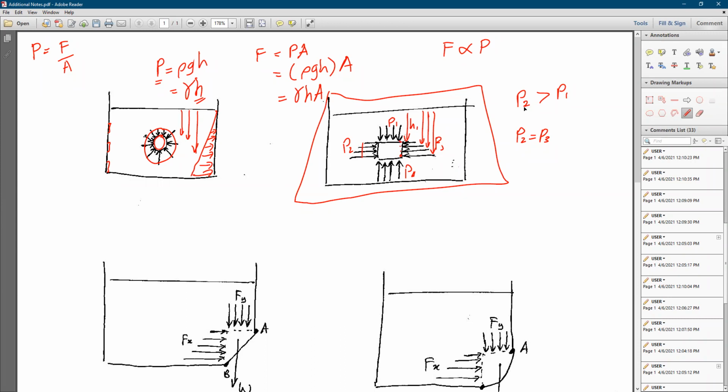So therefore P2 at any given point, let's say I expand this drawing. Let me make it better.